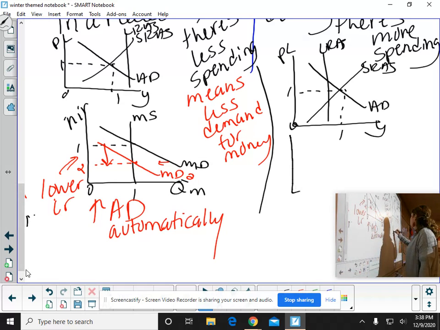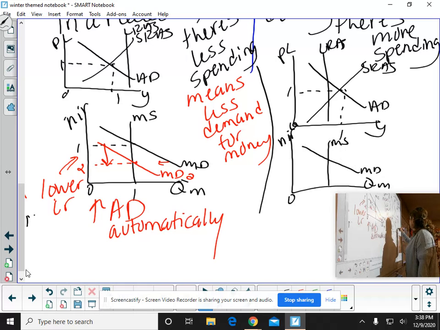Of course, if I reach for my wallet, that's going to increase money demand. I'm reaching for my wallet to pay for those high prices because it's a period of inflation. Money demand shifts to the right. That is what raises the interest rate. And then that's what slows down spending.